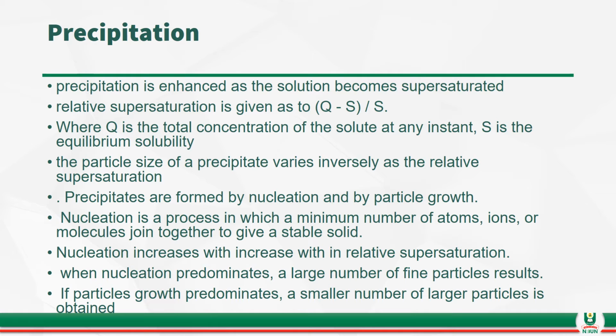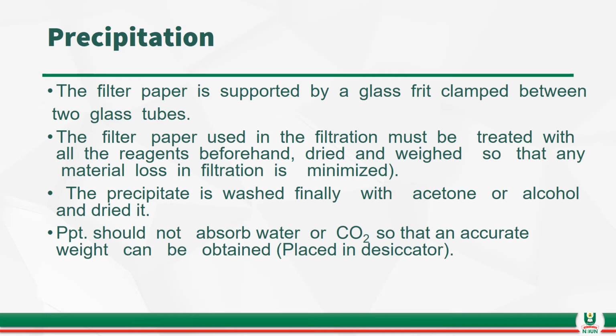Nucleation increases with increase in relative supersaturation. When nucleation predominates, a large number of fine particles results. If particle growth predominates, a small number of large particles is therefore obtained.